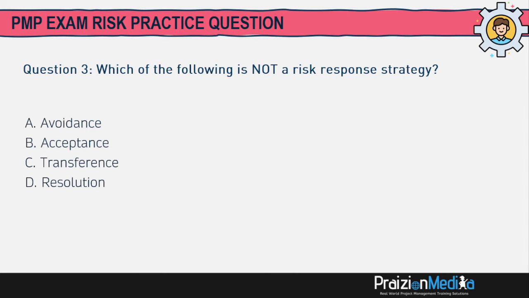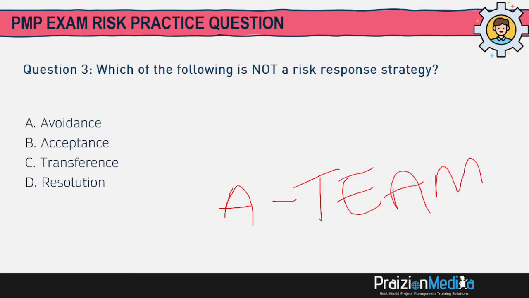Which of the following is not a risk response strategy? All right, now this is pretty straightforward for those of you who remember my mnemonic. If you need more time, hit the pause button. But my mnemonic for risk response strategies of a negative nature, for negative risk, is A-team. And A-team just stands for avoid, transfer, escalate, accept, mitigate.